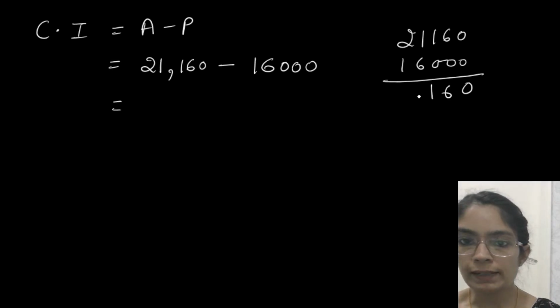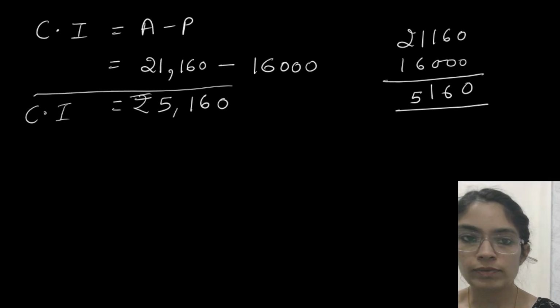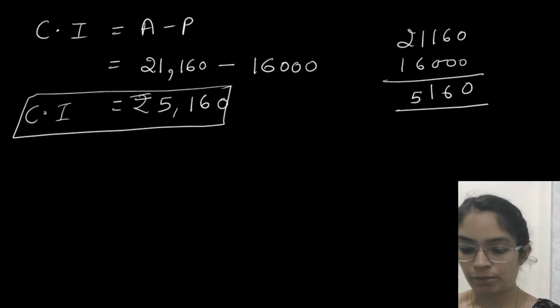So what will we get? 5,160. Always write the rupee symbol, 5,160. So compound interest is equal to 5,160. Correct answer given by most of you: Praveen, Tarunya, Shivani, Akhila, Sami, Nikhil and Ramana.